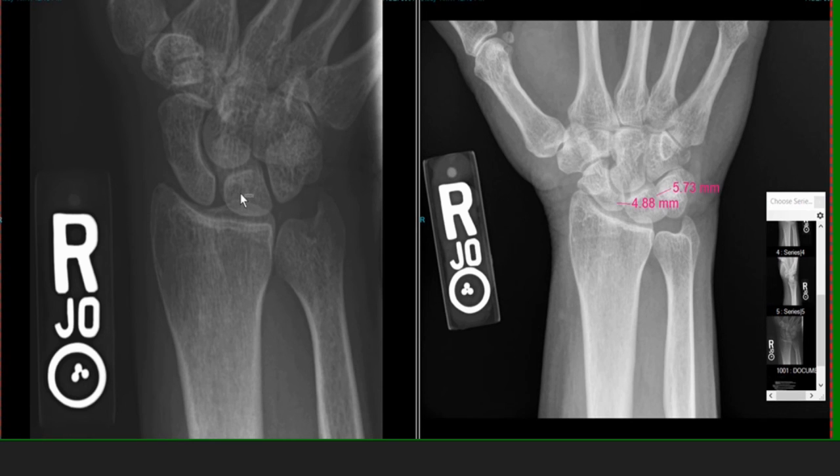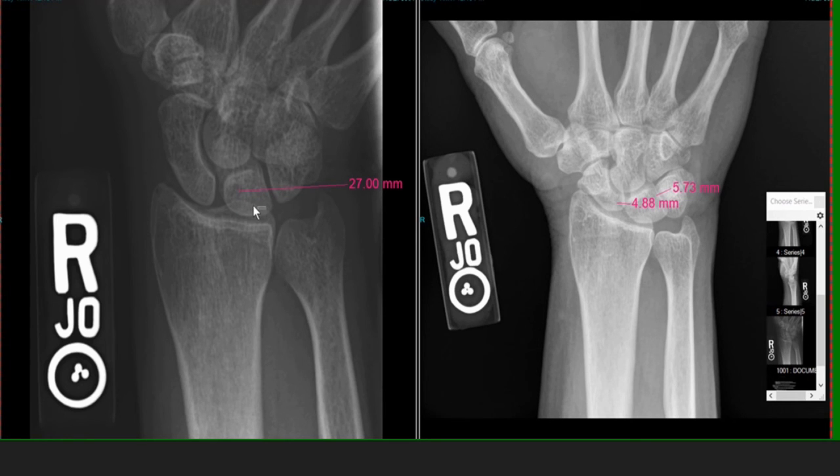Well, with ulnar translation, the lunate bone shifts progressively to the right and off of its support on the radius bone. So the lunate bone may be projecting well over to this particular area, such that less than 50% of the lunate bone overlies the radius bone.